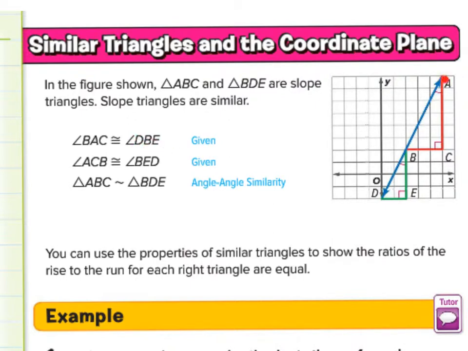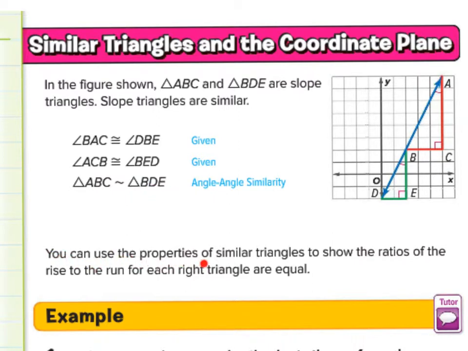We always look at the angles in the middle, right? Angle ACB is similar to angle BED, and so, because we have 2 given angles that are congruent, then we have a similar triangle. Triangle ABC is similar to triangle BDE.